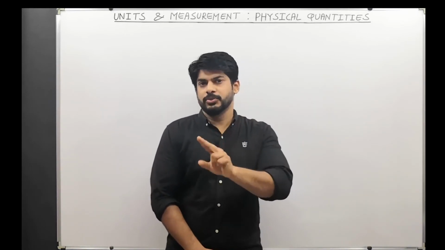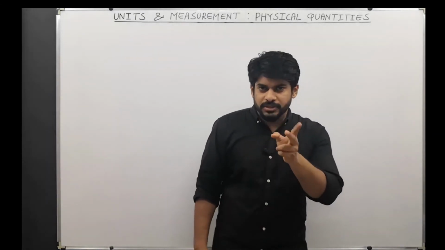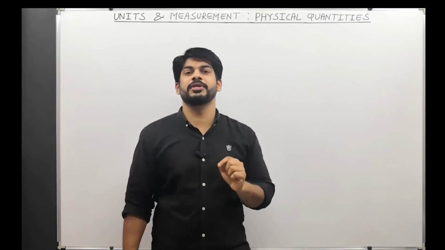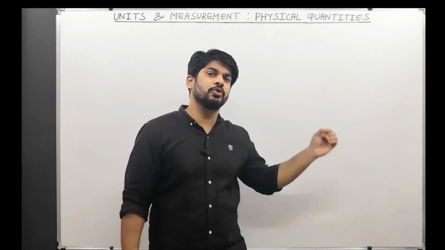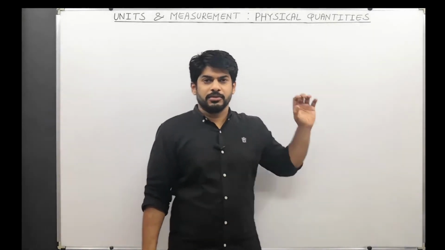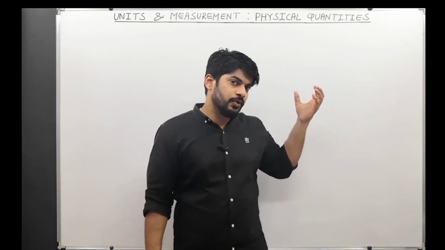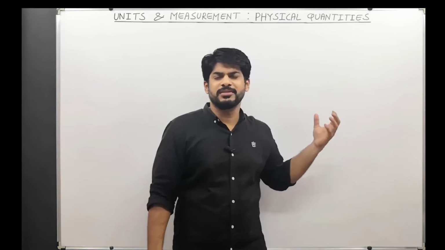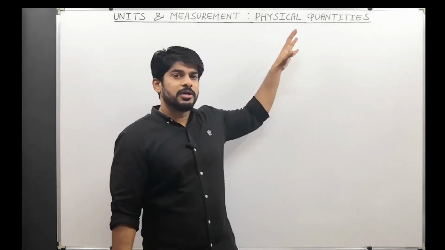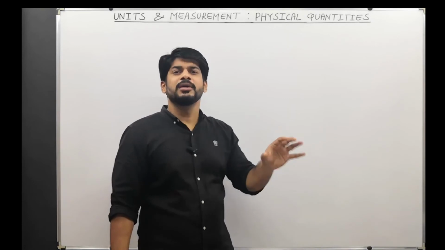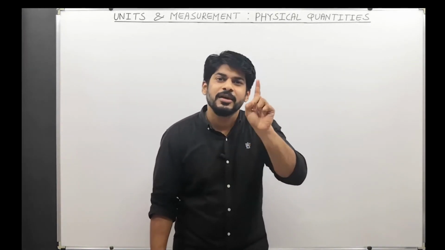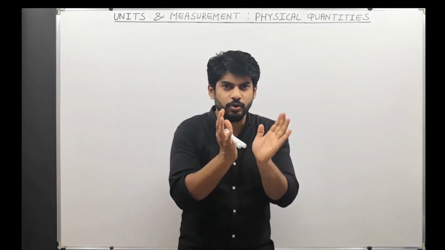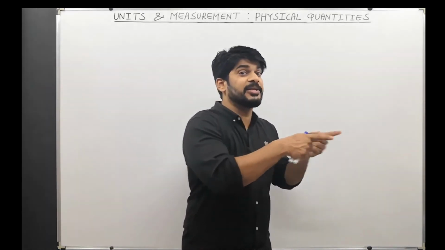Actually there are two main categories of physical quantities. Over here it was a stationary object, and the quantities we required were mass, volume, area, density, etc. These quantities just possess magnitude. They only have magnitude, that means they have only value. They don't have any direction.